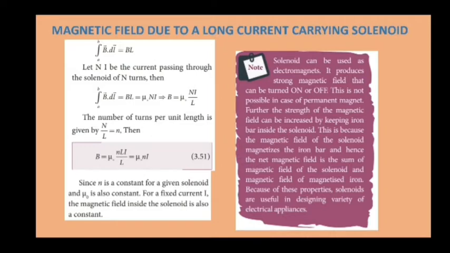Then B is equal to mu 0 nLI by L. So L cancels. So B is equal to mu 0 nI. Since n is constant for a given solenoid and mu 0 is also constant, for a fixed current I, the magnetic field inside the solenoid is also a constant.